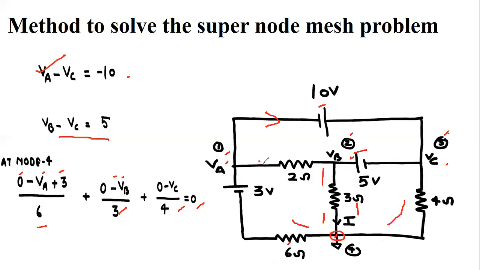So this current is (VA minus VB) upon 2, while we know this current is (VA minus 0) upon 6. When we know these two values, just make the sum of these three currents equivalent, and you can get the value of this current.